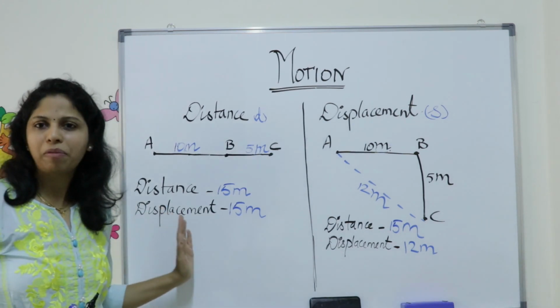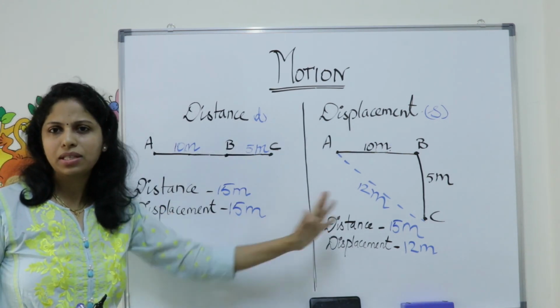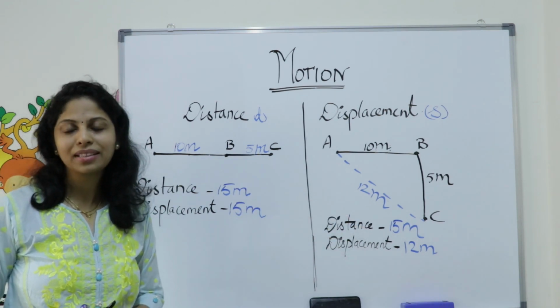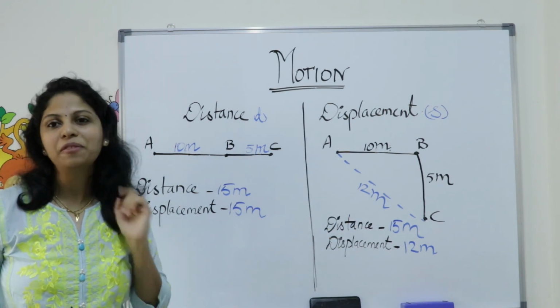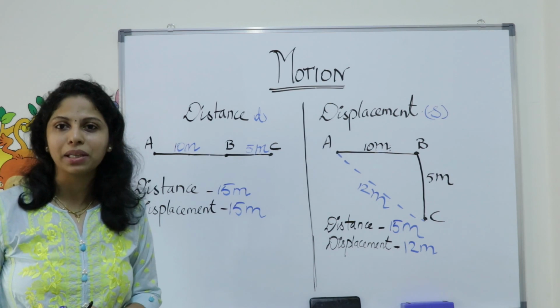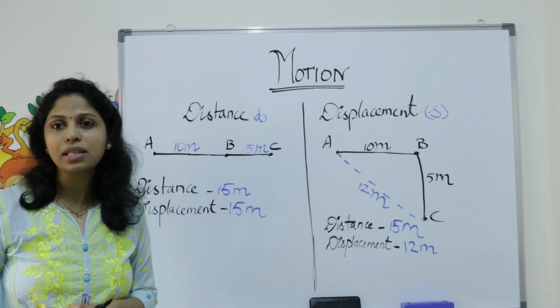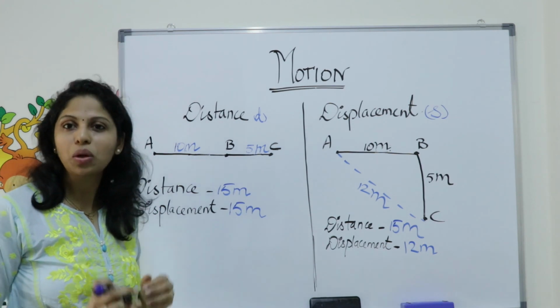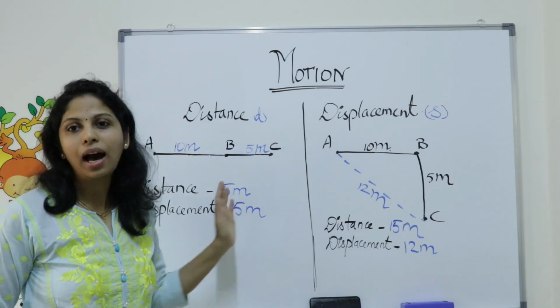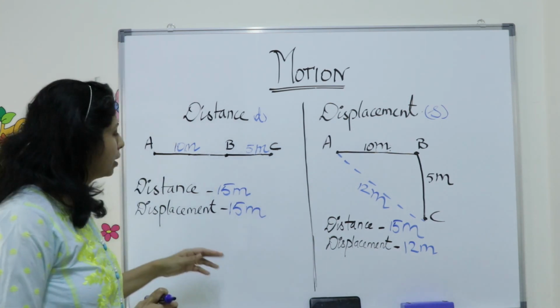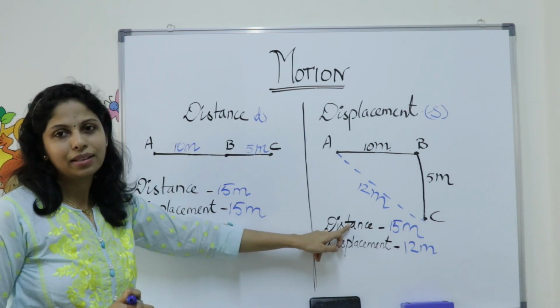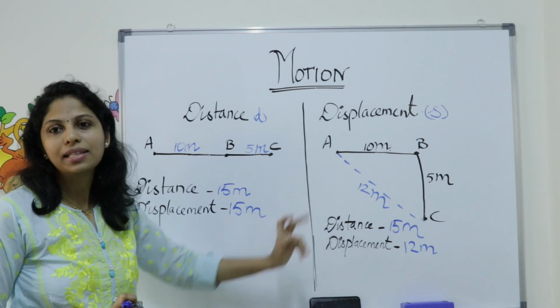Now, can you find anything which is different in these two pictures, in these two examples? Yes, there is a difference in the value of displacement. And why was there a difference in the value of displacement? In these two examples, even though the direction of the motion of the objects are different, the distance covered is the same.